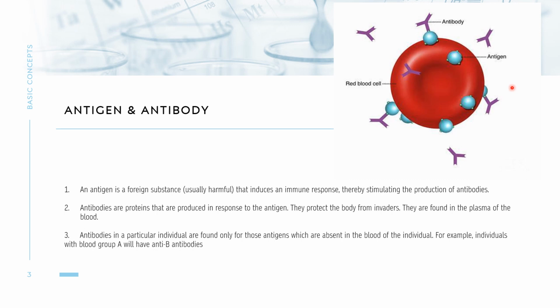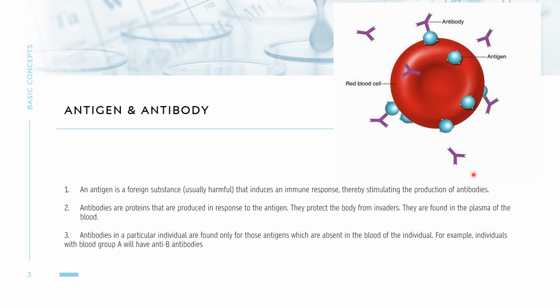Thus, an individual would always have antigens and antibodies in their blood, but the antibodies which it has would always be for those antigens which are absent in his blood. Easy to understand. Otherwise, if I have the same pair of antigen and antibodies, then they would combine and destroy my own blood.